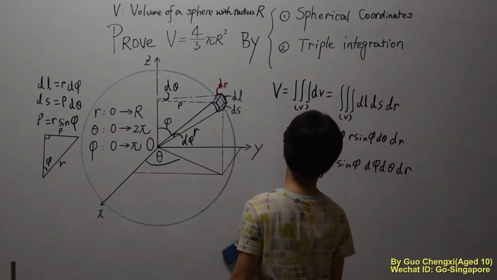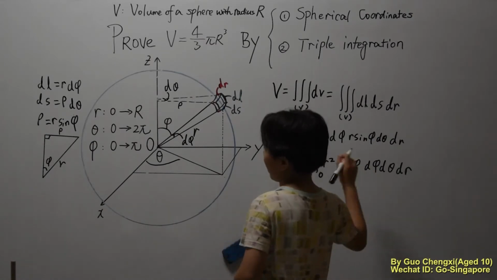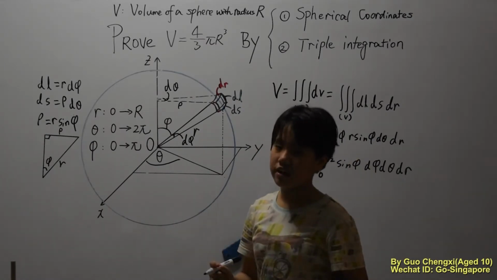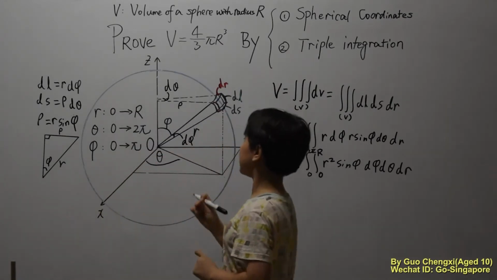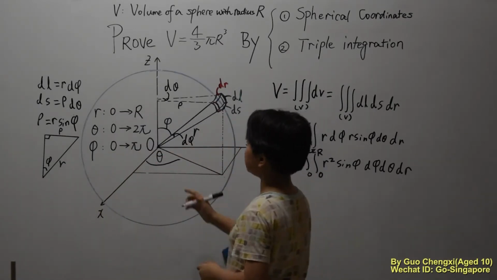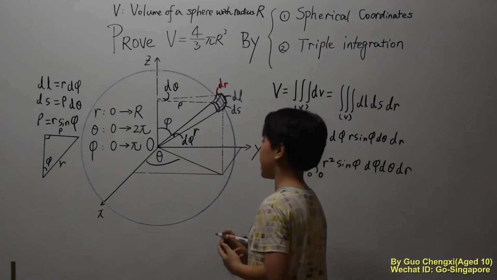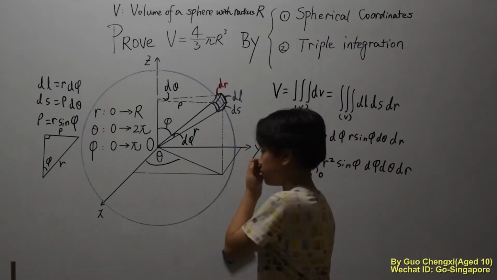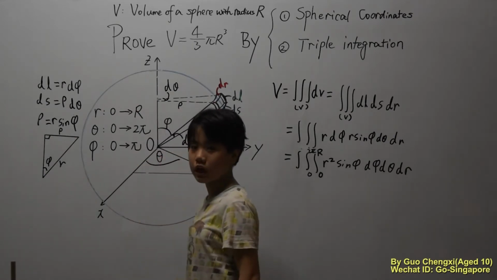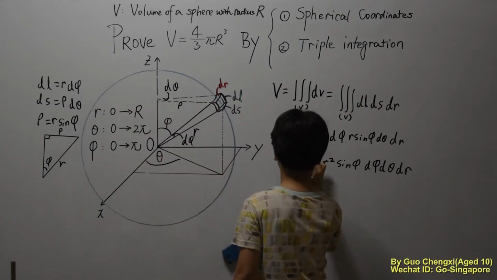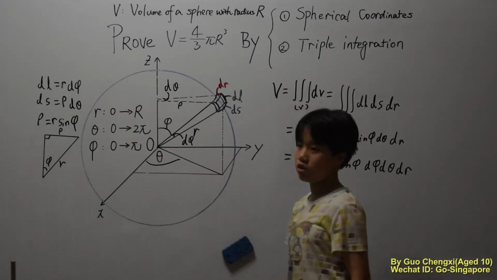Then what about the d phi? It is vertical, basically from negative pi to pi, but it will be simpler to straight away get from 0 to pi, okay?